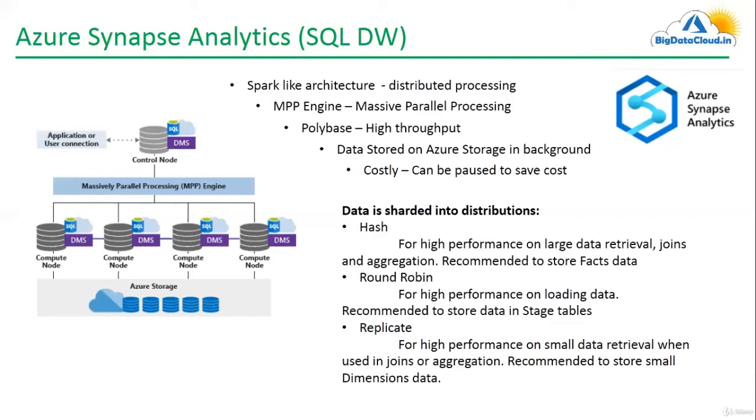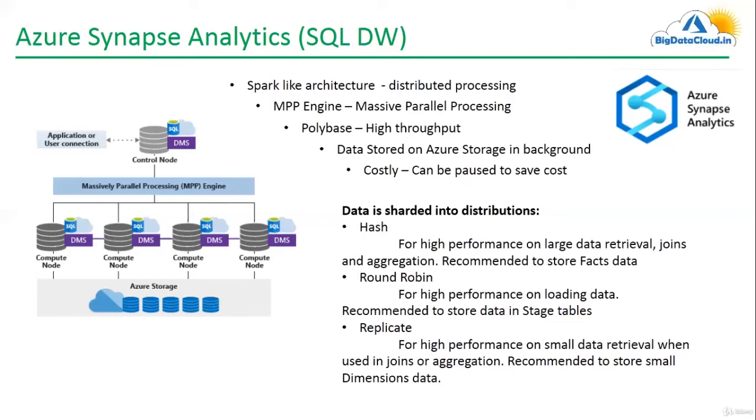And the last one is replicate. Whenever you want small tables like dimensions to be taken into joins on a frequent basis, retrieving the data from the distributed processing and distributed storage will take time.